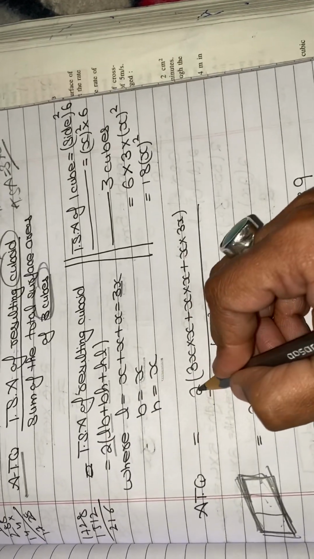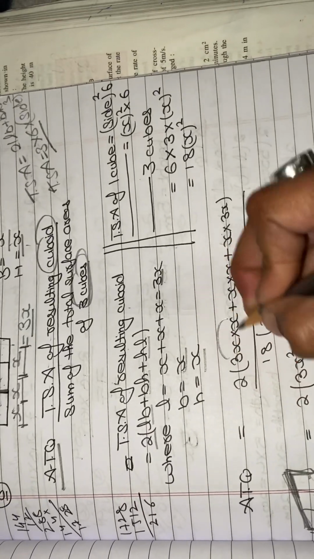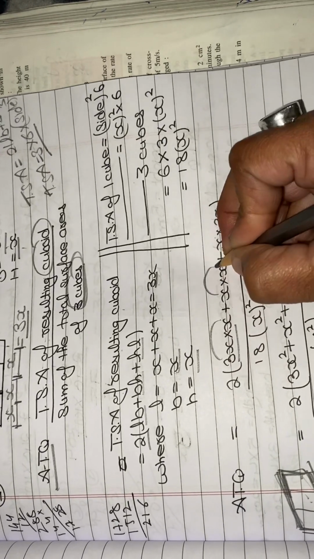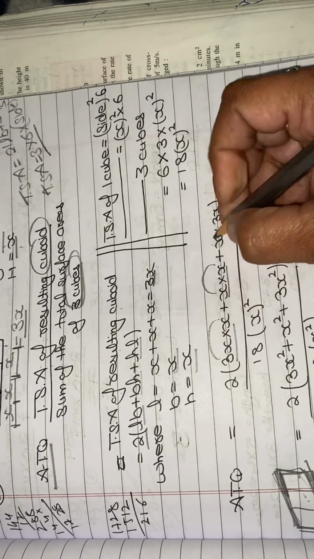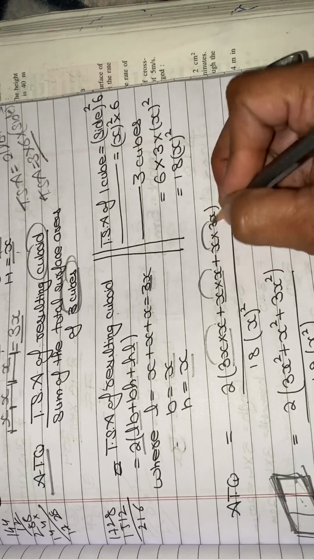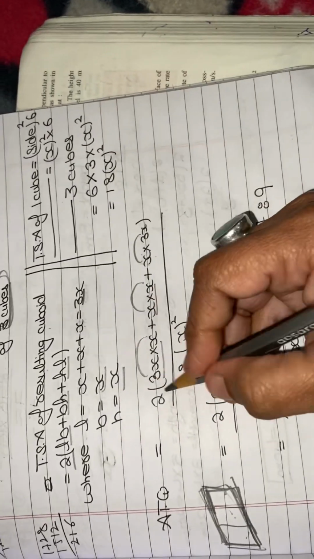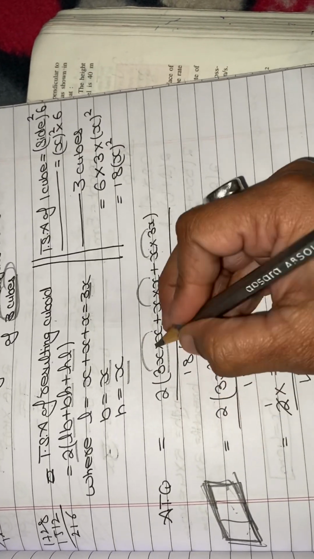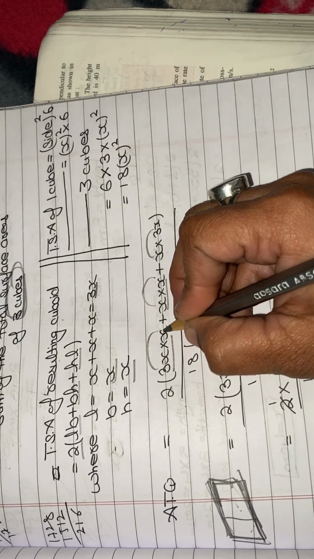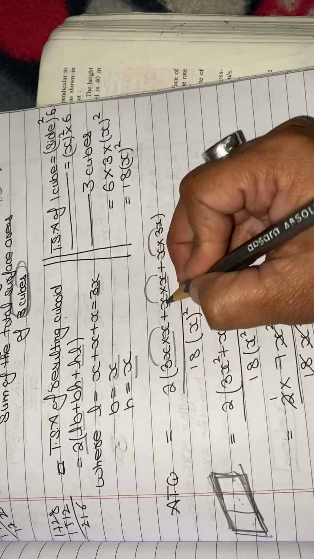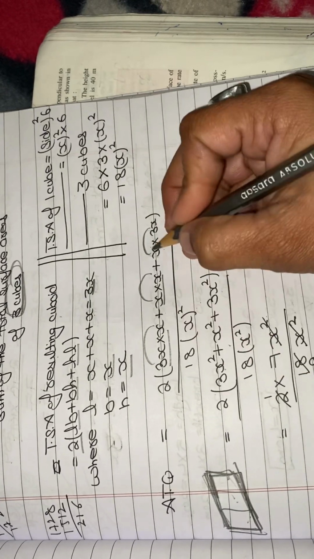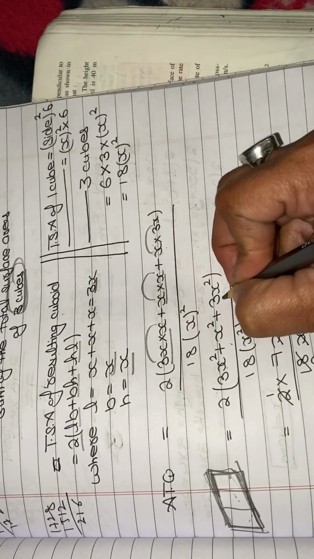So 2 into 3x into x, 3x square, plus x into x, x square, plus 3x into x, 3x square.